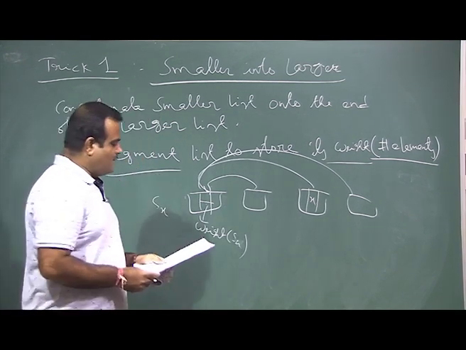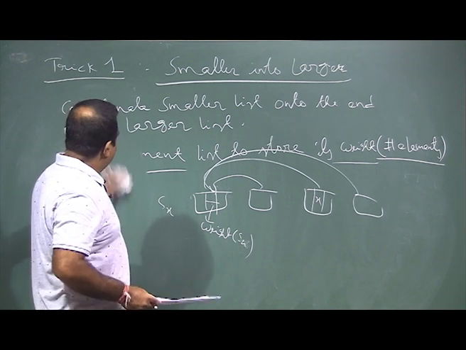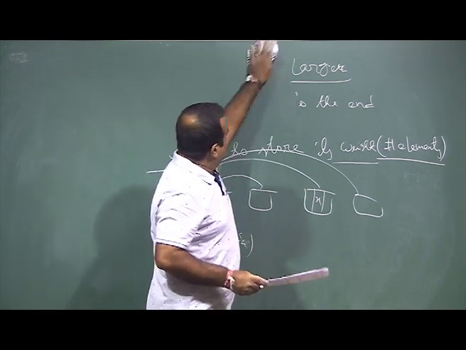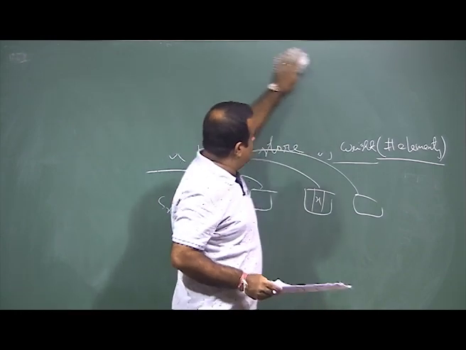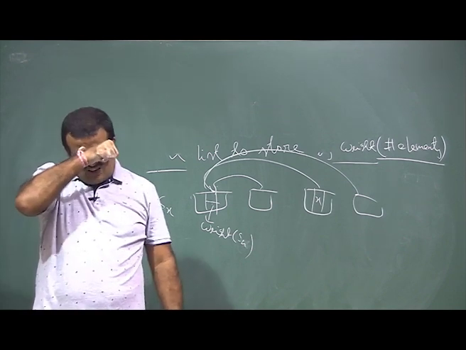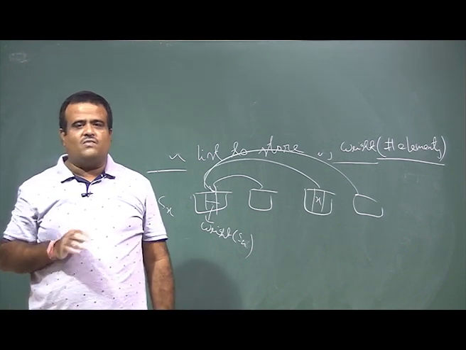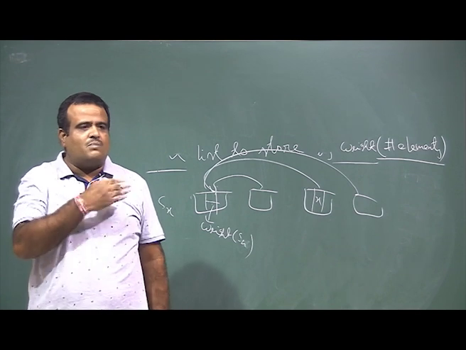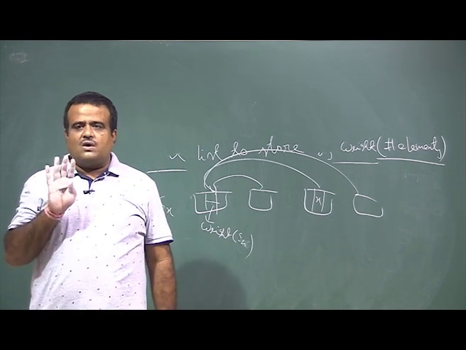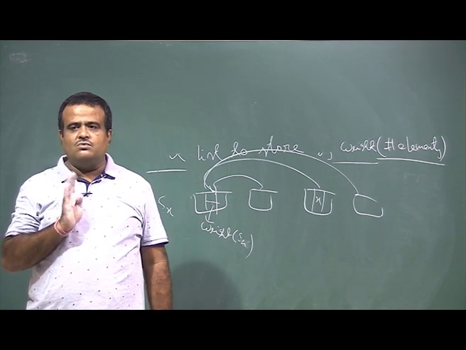So, if we apply this trick, then what is the time for doing this union? We are not bothering about the find operation, because the find augmentation we did and we can solve it in constant time. We are only concerned here with the union operation.